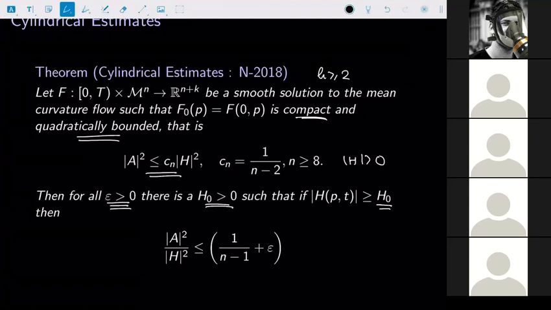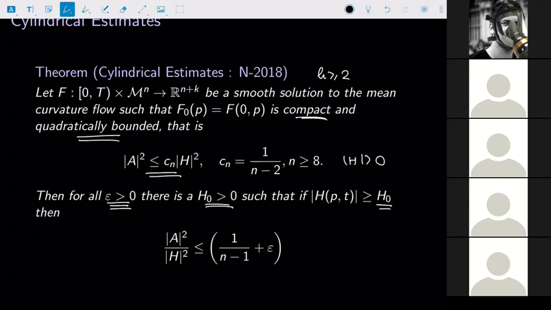All it says is that the curvature of the submanifold is approaching an inequality that a cylinder also satisfies. So it's an estimate which says the curvature is satisfying the inequality that a cylinder has, but that doesn't really say anything about whether the region where the curvature is large is actually cylindrical, because that's what you would require if you're going to do mean curvature flow surgery.